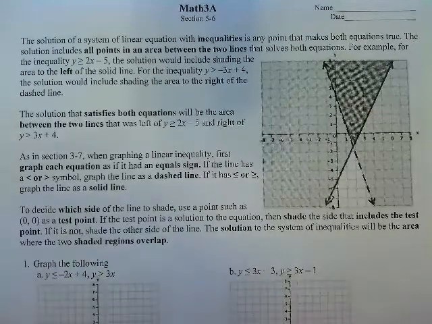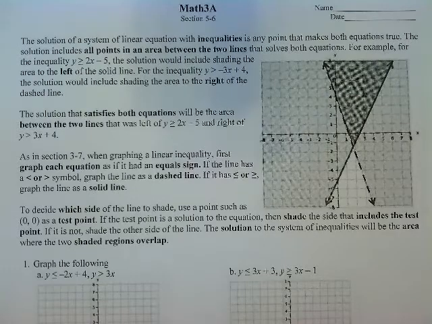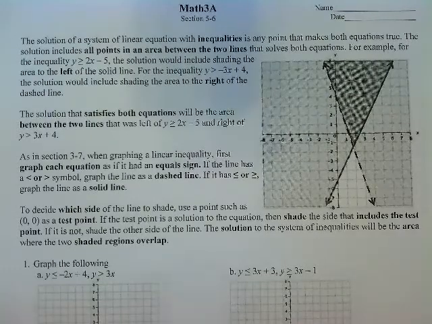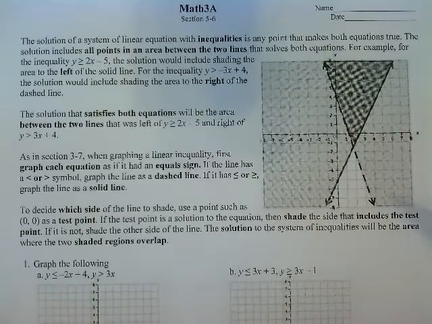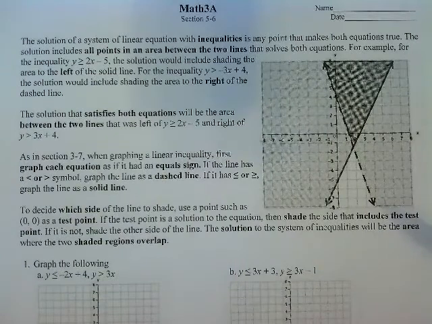And then when we want to decide where to shade, we're going to use a test point. Very often 0, 0 is a good test point because it's very easy to evaluate the equation with x equals 0 and y equals 0, unless the line goes right through 0, 0.